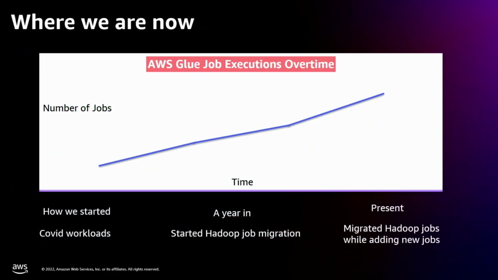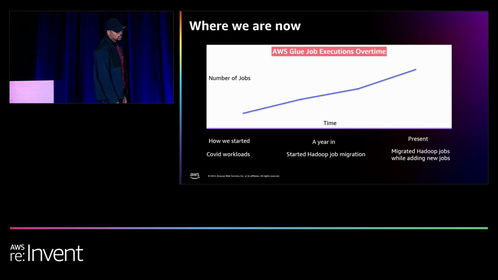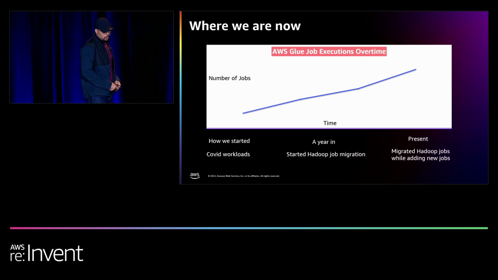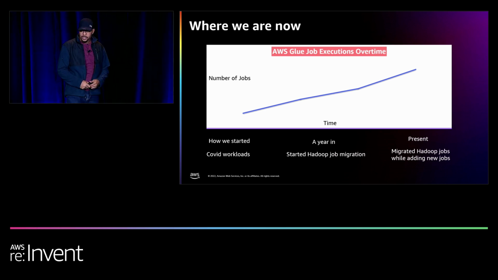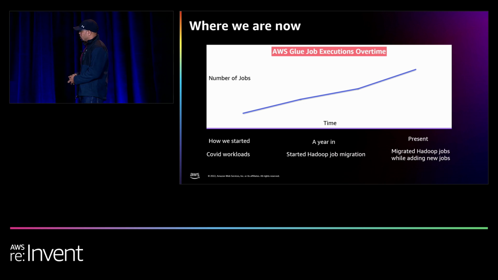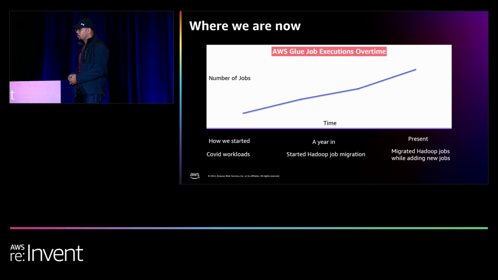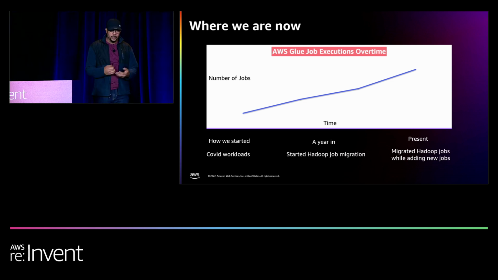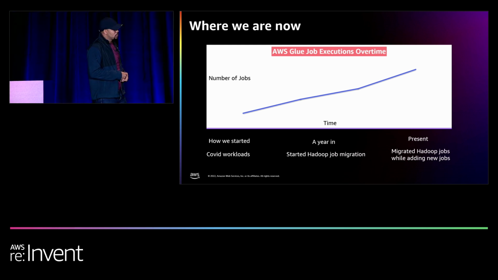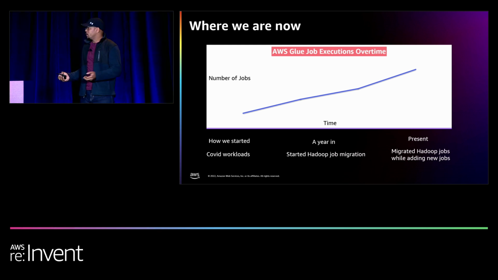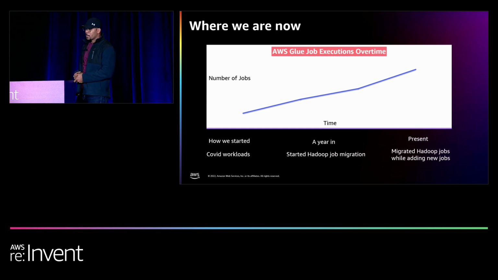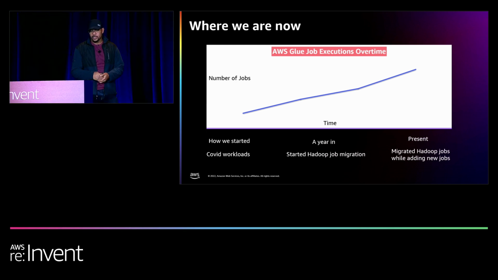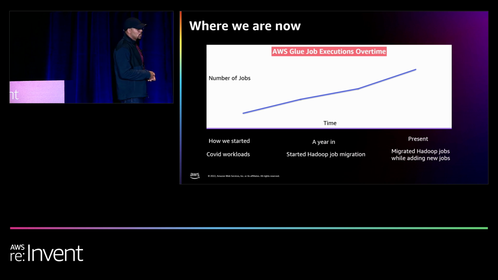All right, so where are we now? When we started, because of COVID, it was a set of COVID workloads that we wanted to spin up and get going for a specific reason. But this started to work so well that we decided, why not try to migrate some of the workloads off of our Hadoop cluster and see how that works?